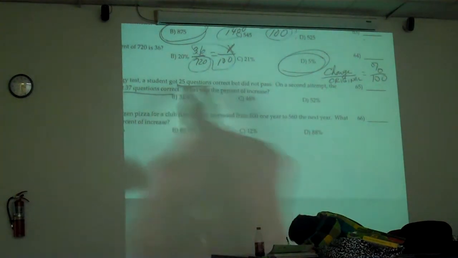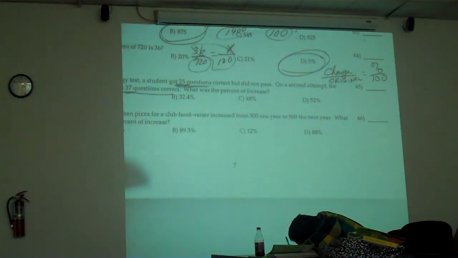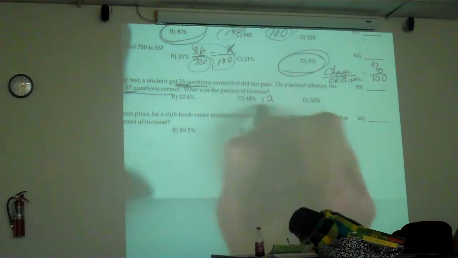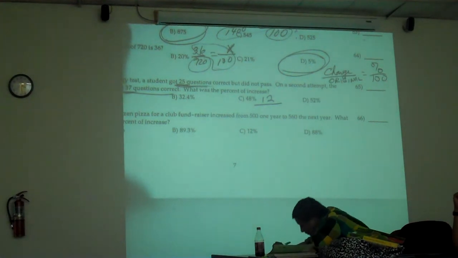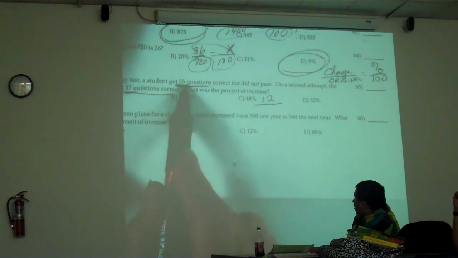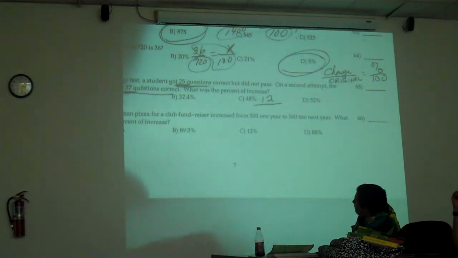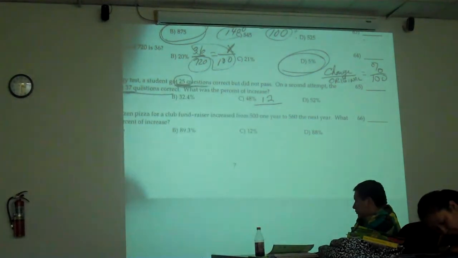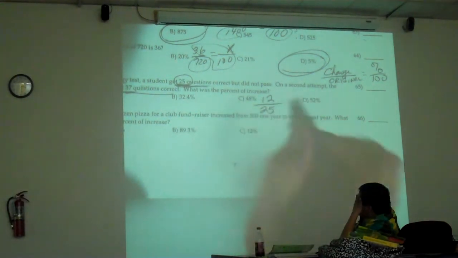So what did it change by? 37 to 25? They got 12 more, so it changed by 12. What was the original number? The 37 or the 25? The first attempt was 25. The second attempt was 37. Oh, so the first number was 25. So you got to put the 25 because that was their first one.